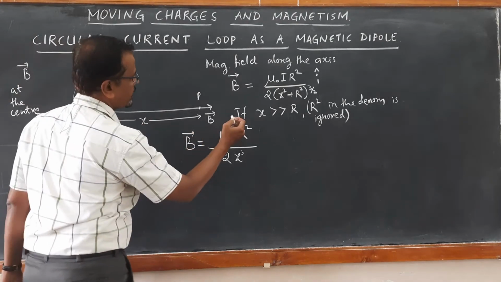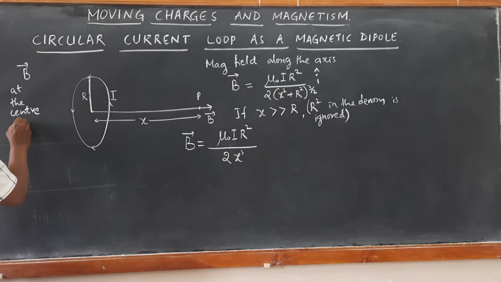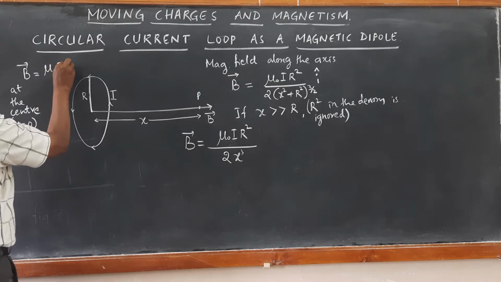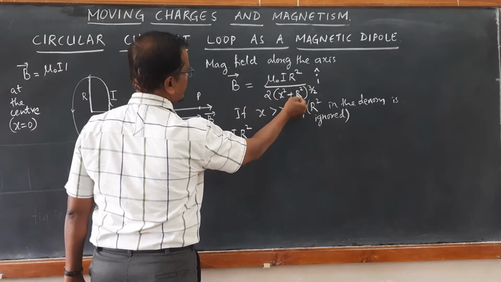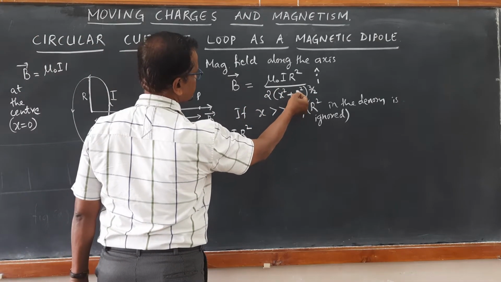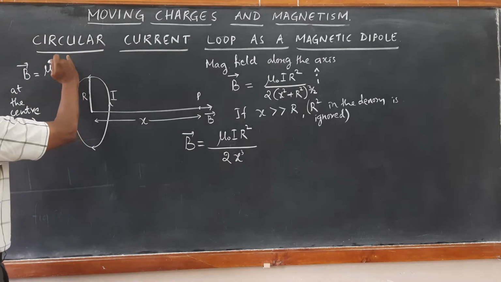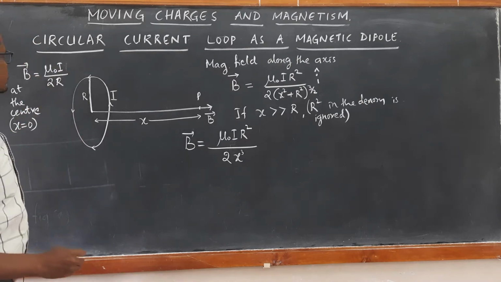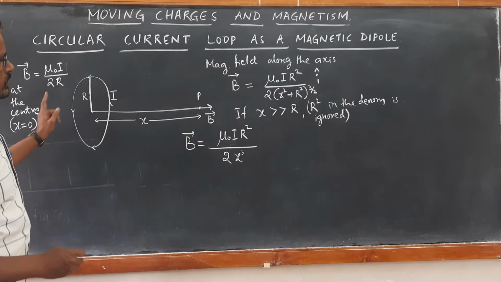Here at the center we take x equal to 0, and then we get mu naught I r square, and this r square cancels with the r square in the denominator, so you are left with mu naught I upon 2r. These are the equations which we have already found. This is the magnetic field at the center, mu naught I upon 2r.